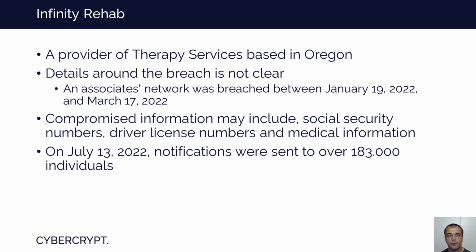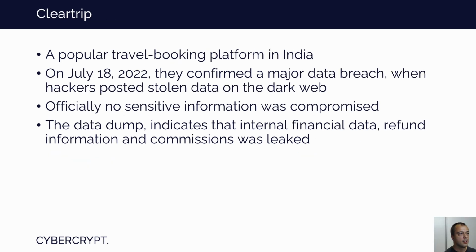The type of information compromised may include social security numbers, driver license numbers, medication information, lab results, and more. On July 13, 2022, Infinity Rehab began notifying over 183,000 individuals potentially impacted.